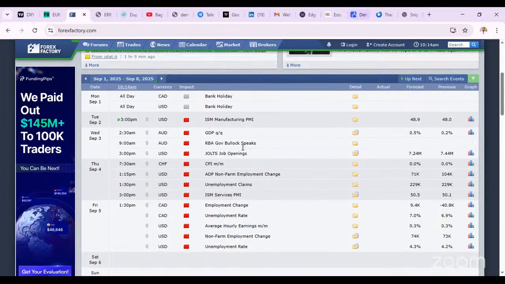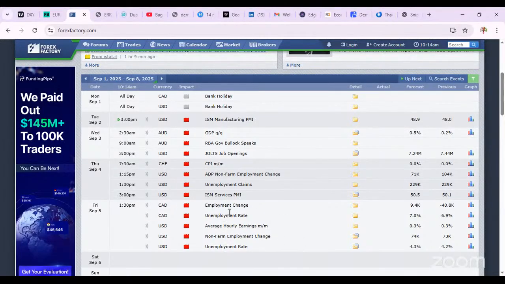So this week is loaded, and coming up on Friday, which is the first Friday of the month, we'll be having the NFP, non-farm employment change.